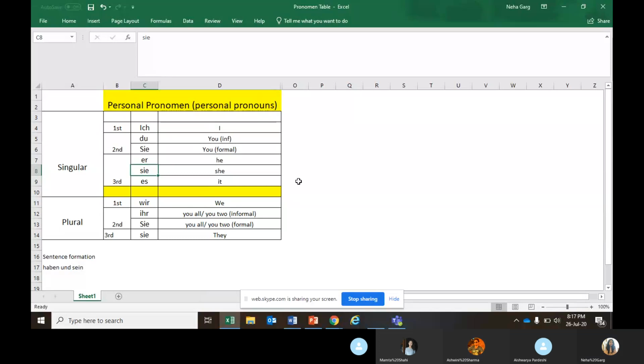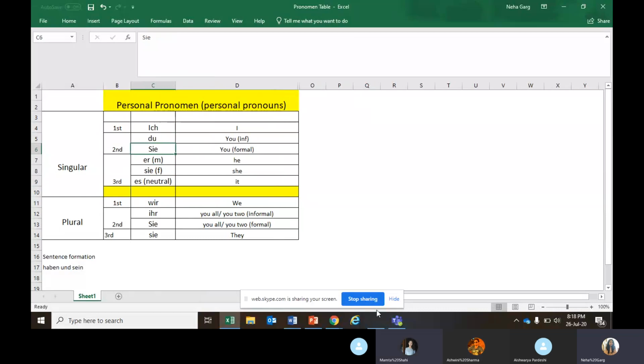Er is for masculine, sie is for feminine, es is neutral. He, she, it. M for masculine, for male. Male, female.